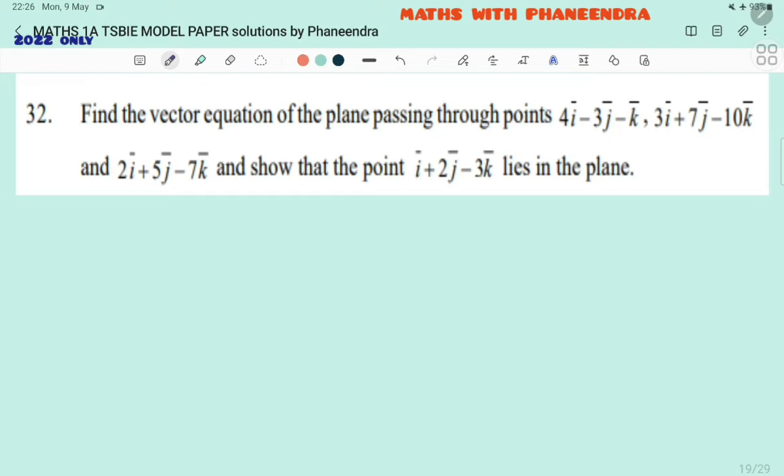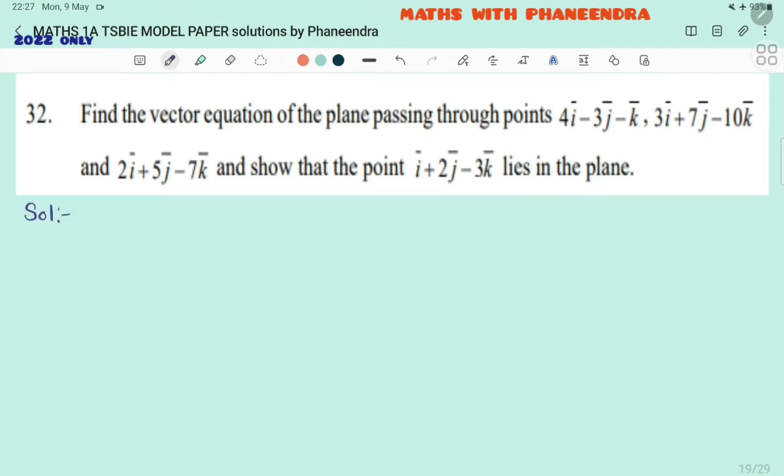So this question we can split into two parts. One is finding the vector equation of the plane passing through 3 points, and the second one is, after getting the equation of the plane, substituting the point in that; if it satisfies, the point lies on the plane. So observe carefully, dear students.